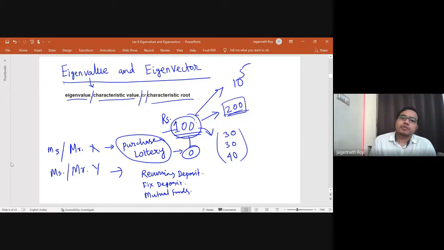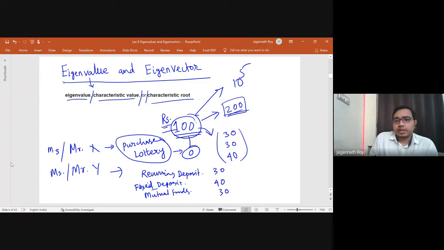So for example, for recurring deposit they are giving 30, for fixed deposit some 40, and then this is 30.